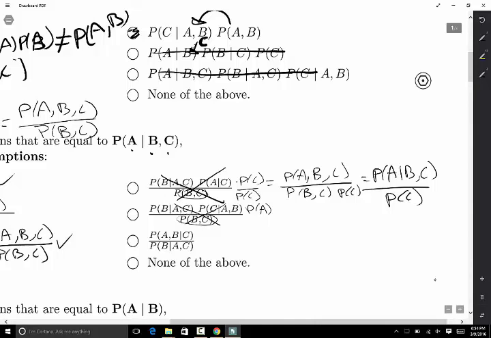And for the last one, you could try multiplying by P of C on the top, but then you have to multiply on the bottom too. So we get the right thing on top, A and B and C. But in the numerator, since we have this condition on A, we can't get only B and C on the bottom.